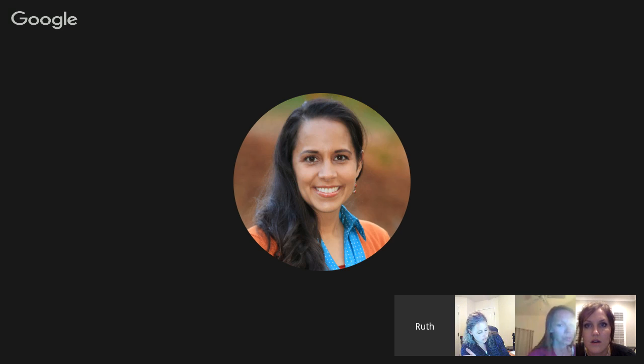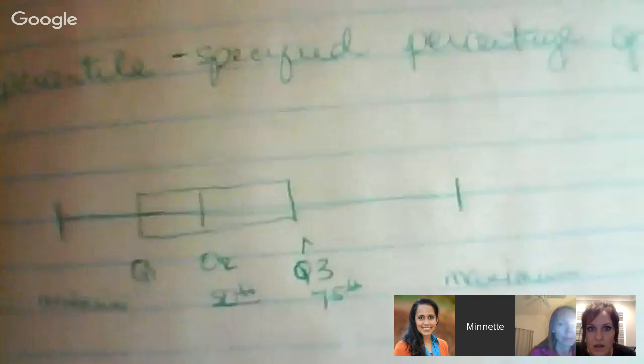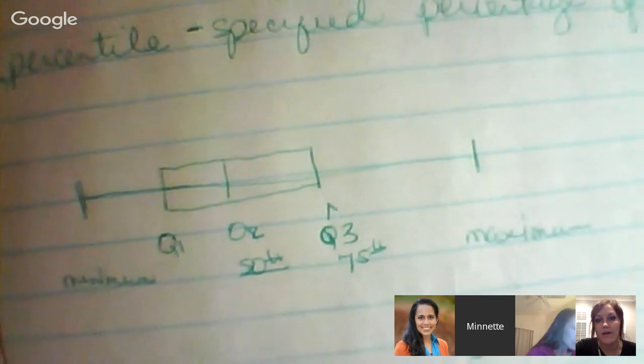So when I talked to Kirsten, the TA, she had her notes and she held them up to the camera, so I wrote it down. I don't know if you can see this or not. Do you see the graph right there? This was what she had in her notes. The whisker on the far side is the minimum.